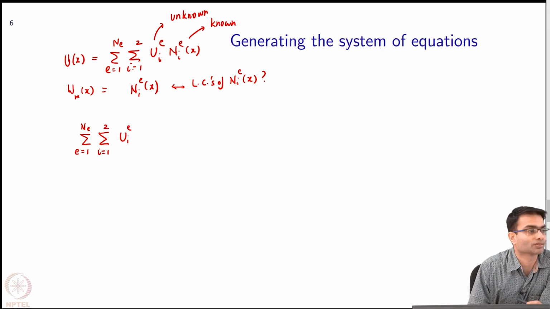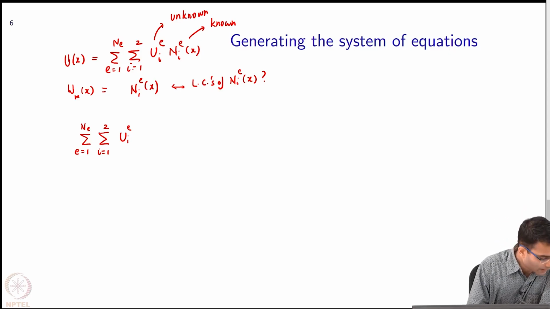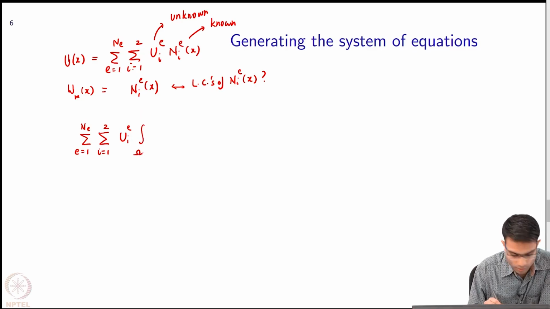Uie is a constant, it can come out of all integration signs. Will you agree? Uie is a number which I want to determine. So, it will come out of all integration signs. Then what is left is integration over an element. Okay. So, we will call it integration over an element.